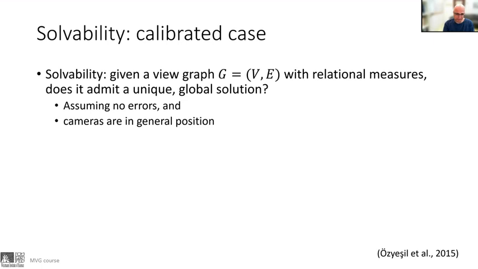So we need to remember those two things. We assume that the relational measures are exact and that the cameras, for example, are non-collinear in 2D or non-coplanar in 3D.